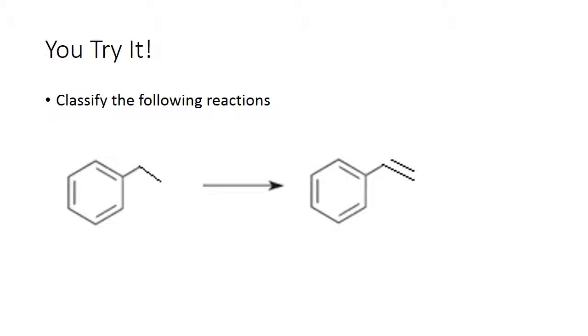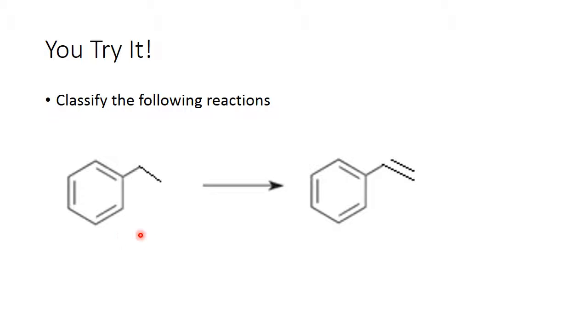Okay, first thing you have to do is count carbons. If I look, 1, 2, 3, 4, 5, 6, 7, 8 carbons. Sorry, I don't have a pointer going. Okay, 1, 2, 3, 4, 5, 6, 7, 8 carbons. 1, 2, 3, 4, 5, 6, 7, 8 carbons.